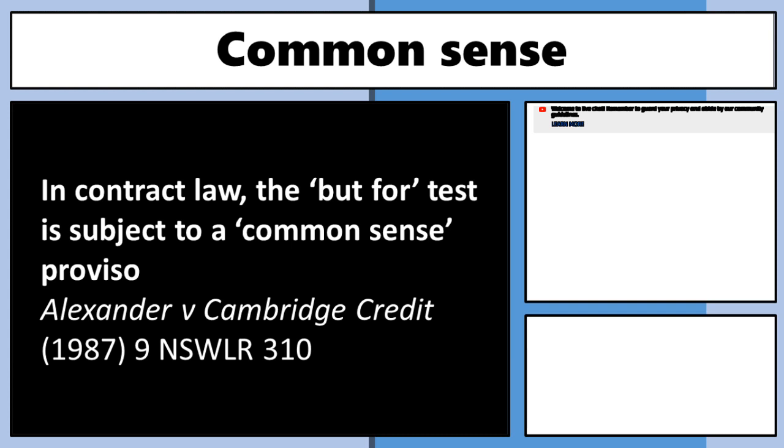And this case of Alexander and Cambridge Credit is a situation where the courts had to temper this but-for test with something of a very large dash of common sense. And common sense is never what you want to have as a source of law. It is fraught with difficulty, as I'll explain with this case.